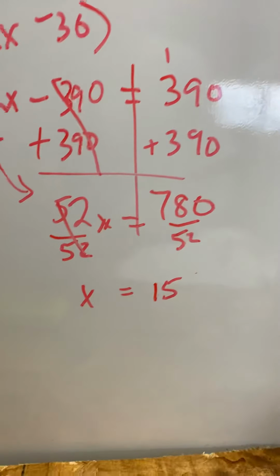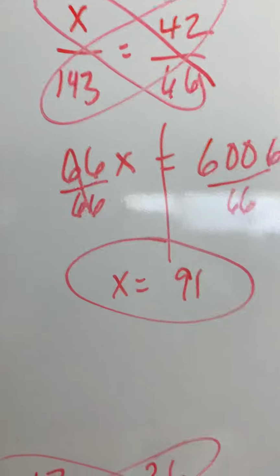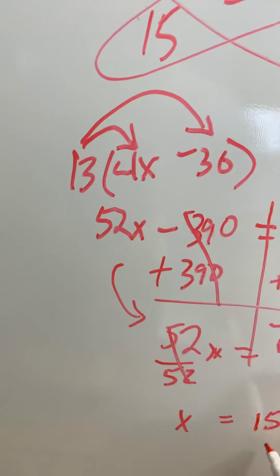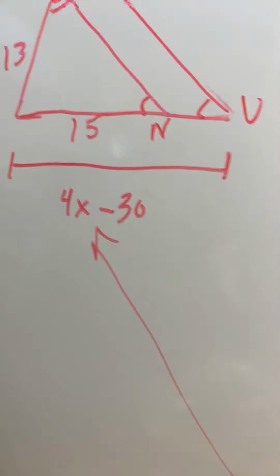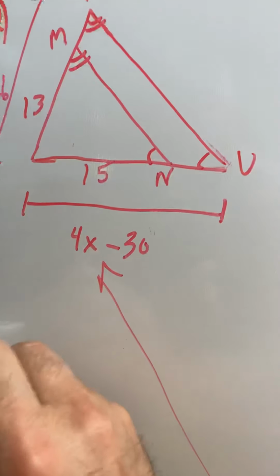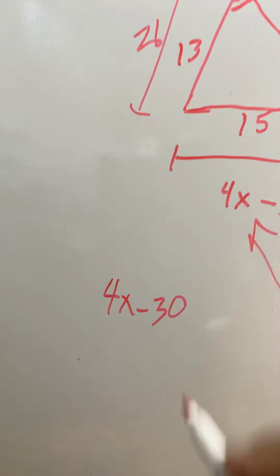Okay? Now, that is not my answer like up here, because that was just a variable. This down here, we're solving for an expression. So we have to take this 15, and we have to plug it in right there. So now we're going to go through, and we're going to 4x minus 30.